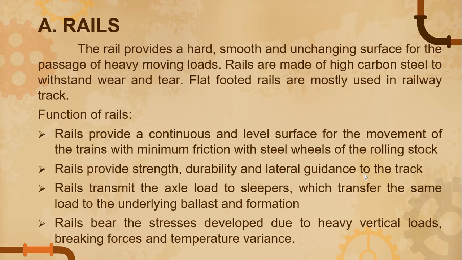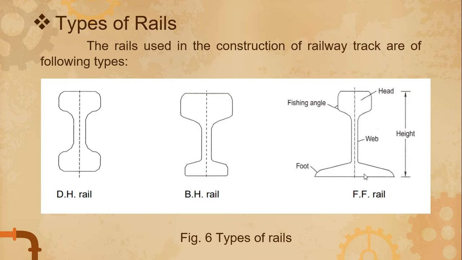So it is responsible para maging smooth yung pagta-travel and pag-move nung train. The rails have different types: the double-headed rails, the bull-headed rails, and the flat-footed rails.